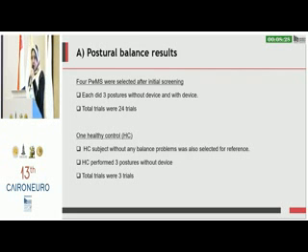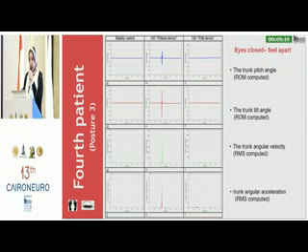Each of the 3 postures was repeated twice, once before using the smart assistive device and then again with the smart assistive device. The results showed a significant difference between without the device and after using the device.